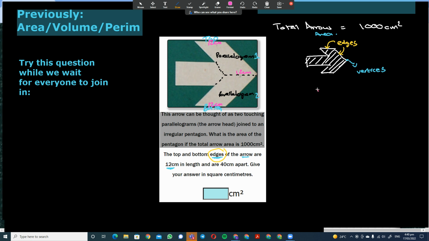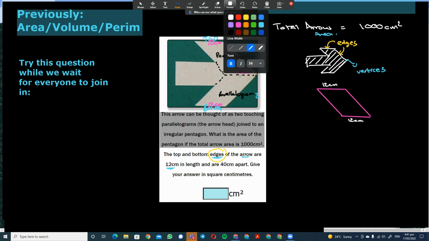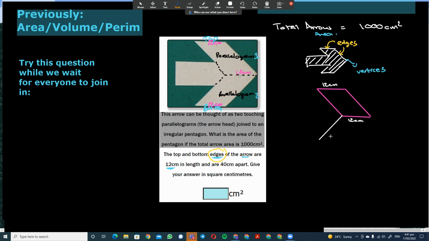So I have this parallelogram, and I can see that the opposite sides being 12 centimeters and 12 centimeters presents me with the exact duplicate on the other side, also 12 centimeters. Draw it correctly. Okay, so we have two parallelograms and they are both equal.